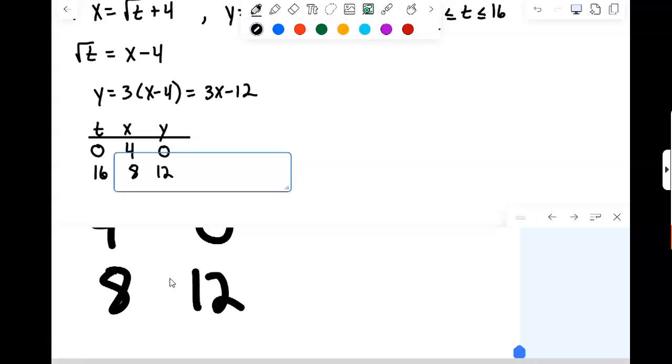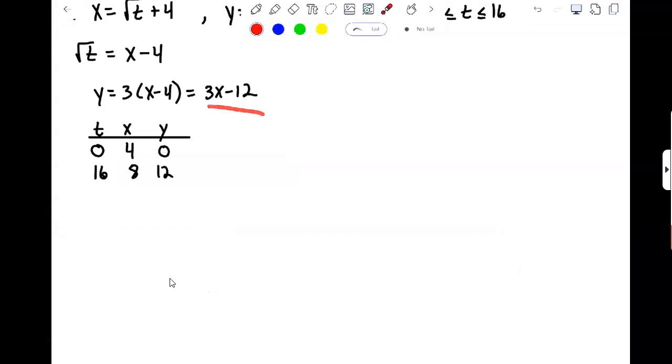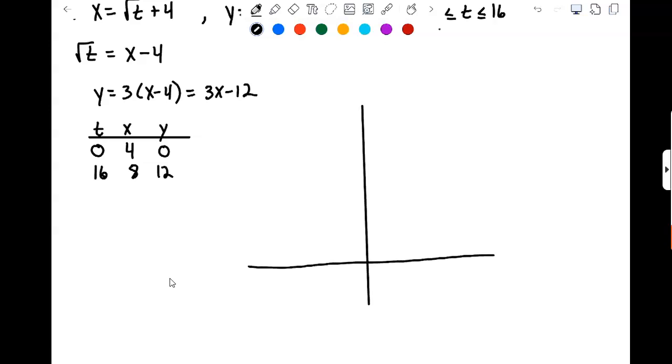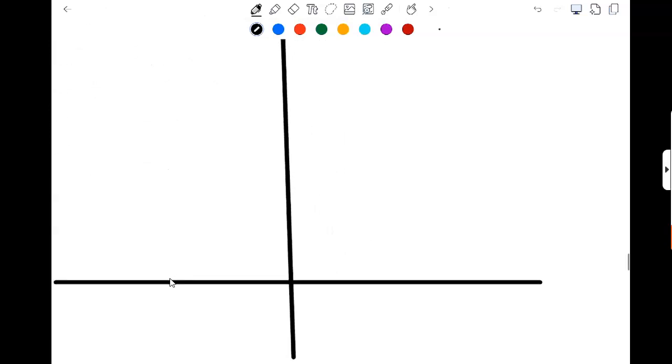Okay? So again, remember, this is a straight line because the equation 3x minus 12 is a straight line. So the 2 points is more than enough. Not only will it give me the portion of the graph I need, it will also show me the direction as well. So my first point is the point 4, 0. So I'm just going to come over here and mark that as 4, 0.